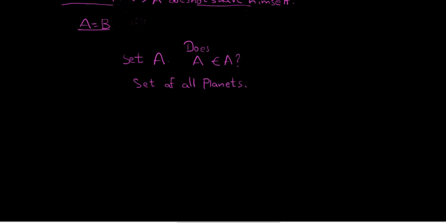Let us denote this set by C. Asking the same question, does C belong to C? Certainly the set of all planets is not a planet, so C is not a planet, so C does not belong to C. So this is an example where this doesn't hold true.